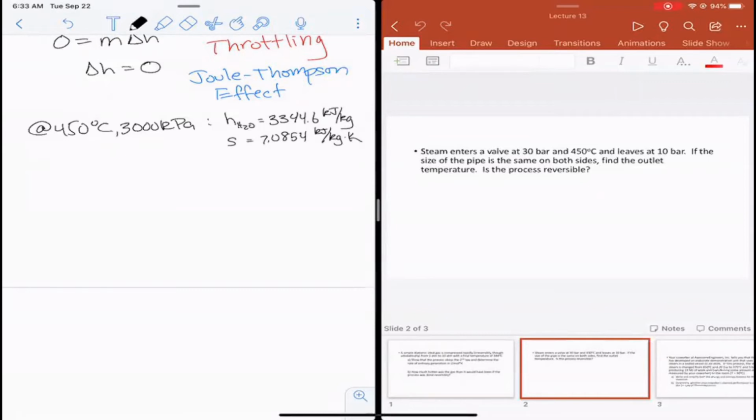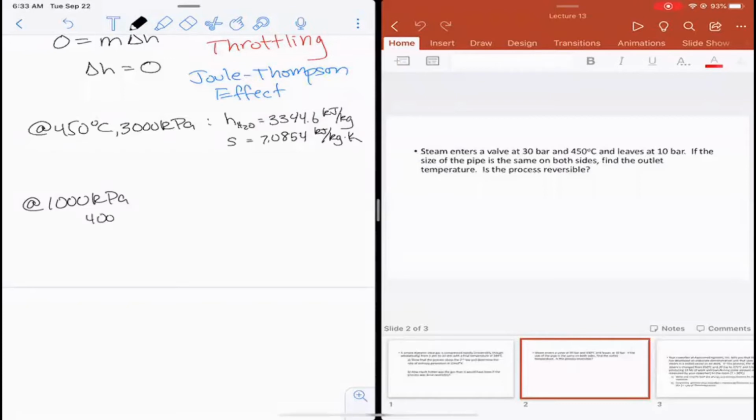Now our final state, what we need is to find where the enthalpy at 10 bar is equal to this value, because remember, delta H is equal to 0. And if you go in the steam tables and you look at 1,000 kilopascals, what you're going to find is that you don't have a value that is exactly 3344.6, but you do have values that are close.